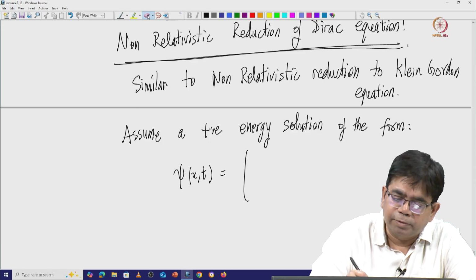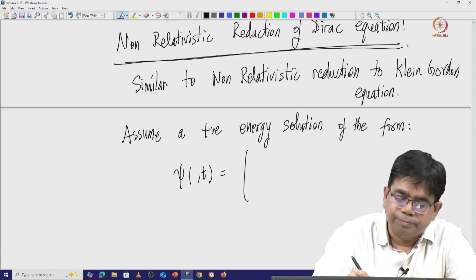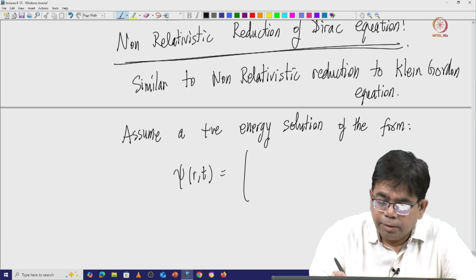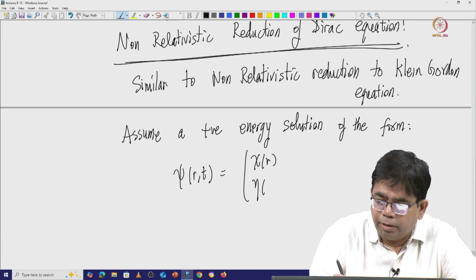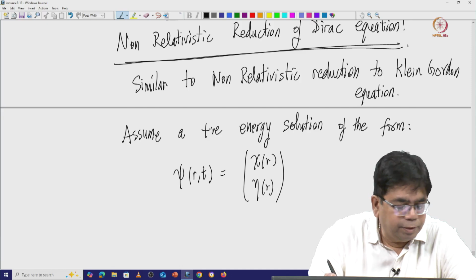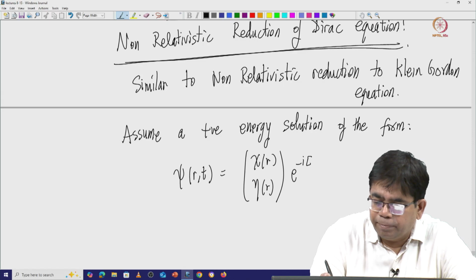So let us write it as chi of r times eta of r, whole into e power minus Et.